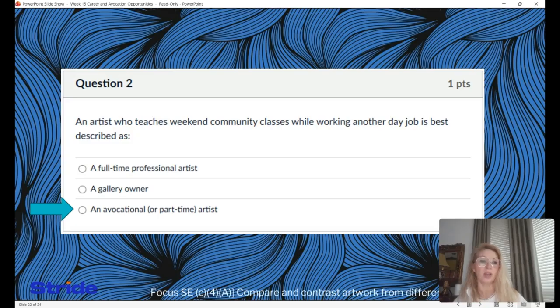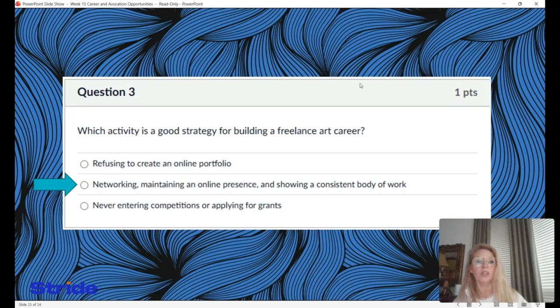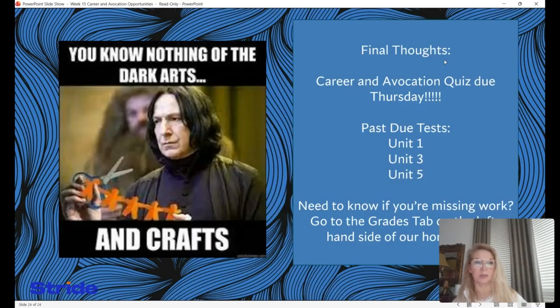An artist who teaches weekend community classes while working another day job is best described as an avocational or part-time artist. Which activity is a good strategy for building a freelance art career? Lots of people are into freelancing right now. Networking, maintaining an online presence, and showing a consistent body of work would be the correct answer.